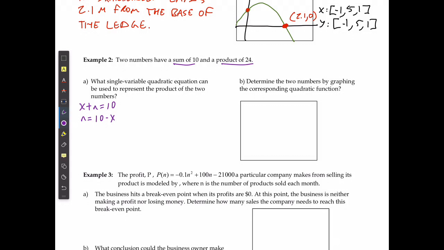These two have a product of 24, so if x times n was equal to 24, then I could say that x times 10 minus x was equal to 24. And here is my single variable equation.